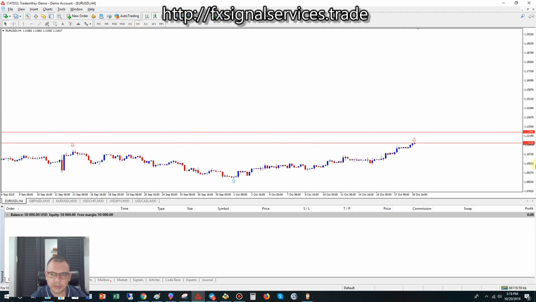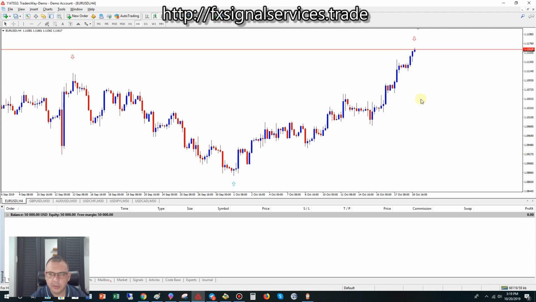Now, the only thing is, on a 4-hour chart, you have a down arrow. This does not mean that it's 100% guaranteed that it's going to drop. The only thing you have to do is simply draw a trend line coming up like this and wait for that trend line to break.